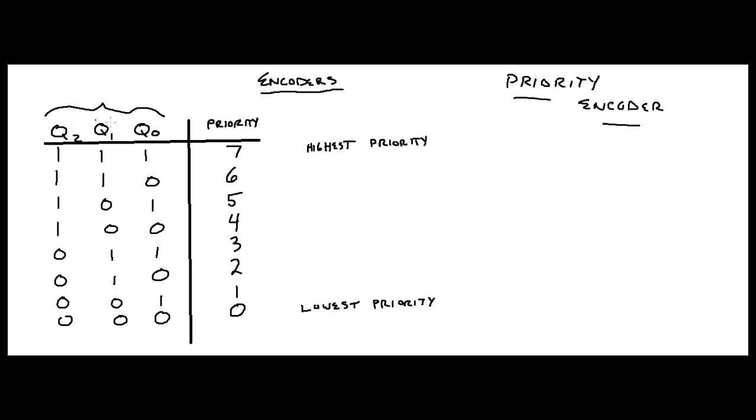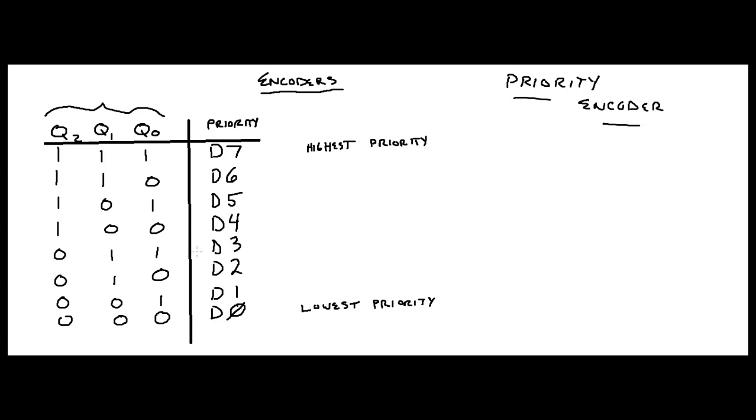Those are your outputs. And here's your priority. And actually, I wrote 7 to 0. This stands for your inputs, right? This is actually D7, this is D6, D5, D4, D3, D2, D1, and D0. Okay?